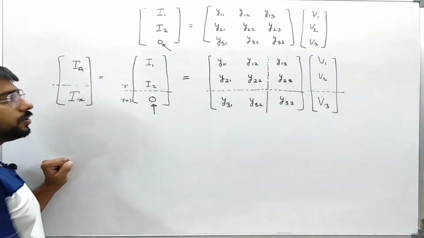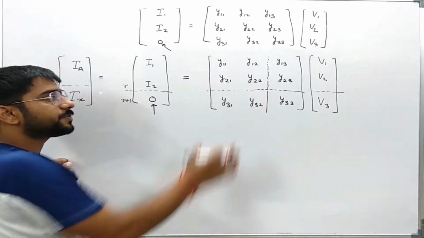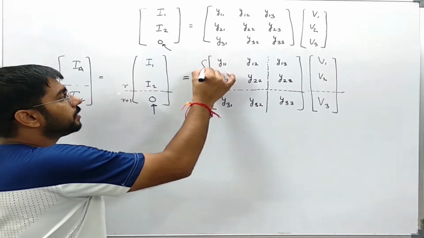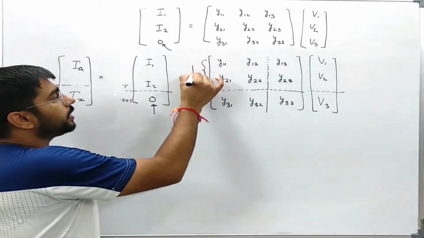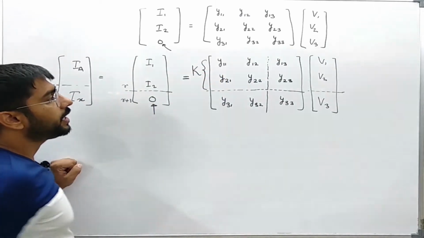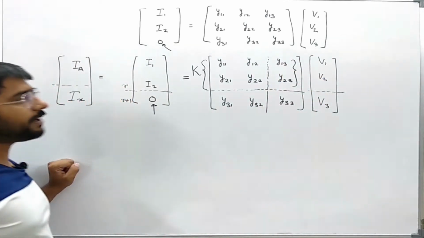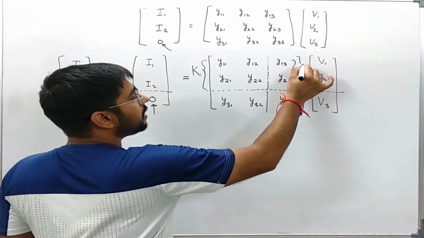Now this admittance matrix has been divided into 4 parts. This is part 1, let us say it is K, and this is part 2, a 2 by 1 vector. Let us say it is L.